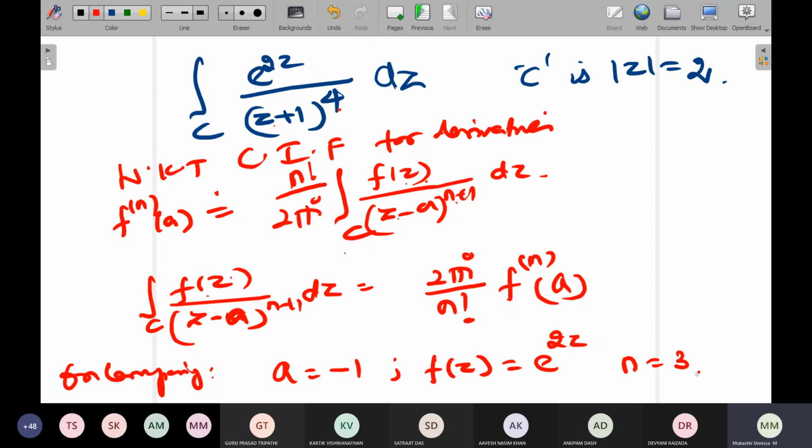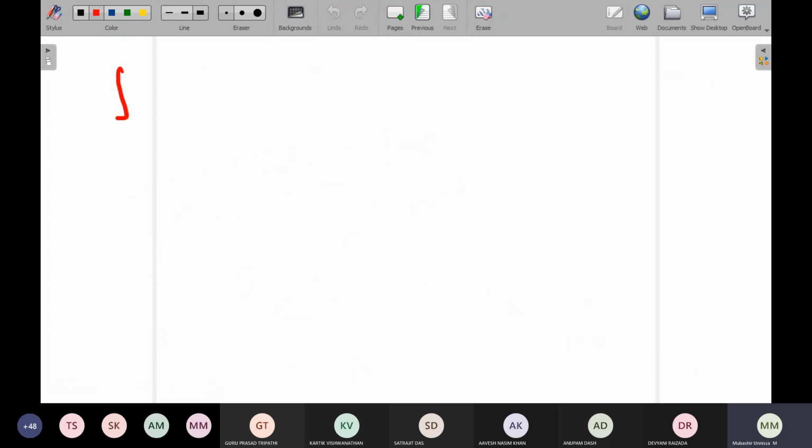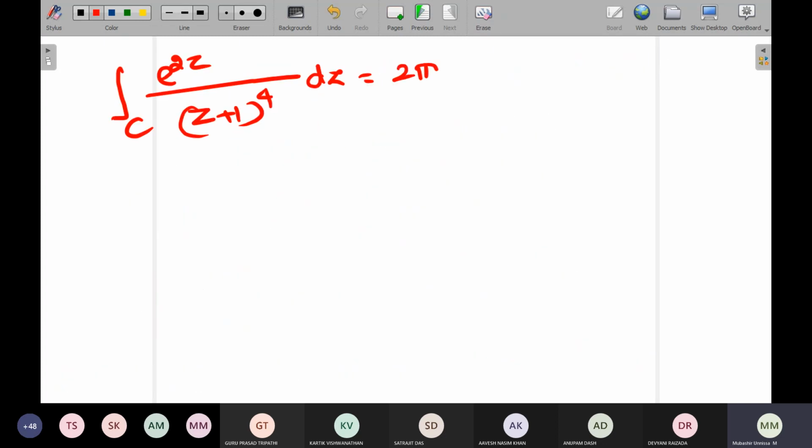So when you compare this, you can rewrite the integral over C of e^(2z) divided by (z + 1)⁴ dz as 2πi divided by n factorial, where n factorial is 3 factorial. If you want, you can write this as 3 + 1.